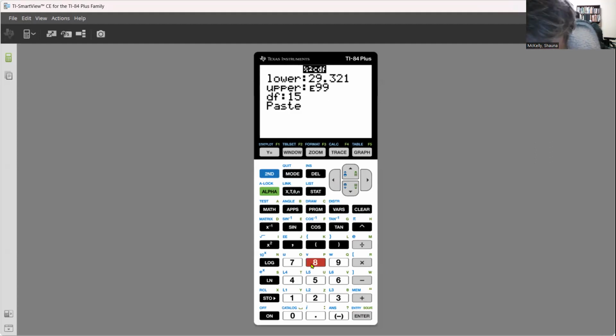My lower, or my left, is 0. My upper is 10.215. My DF is 24.